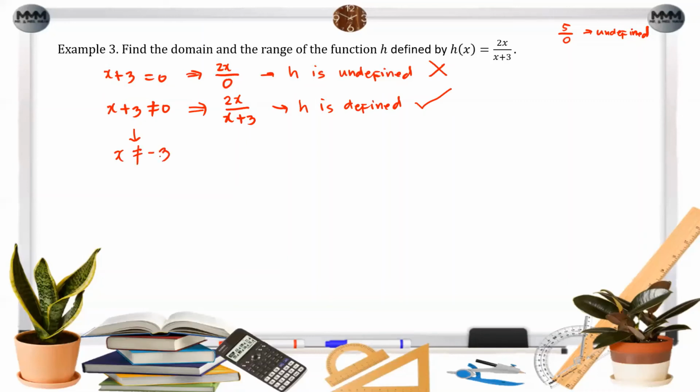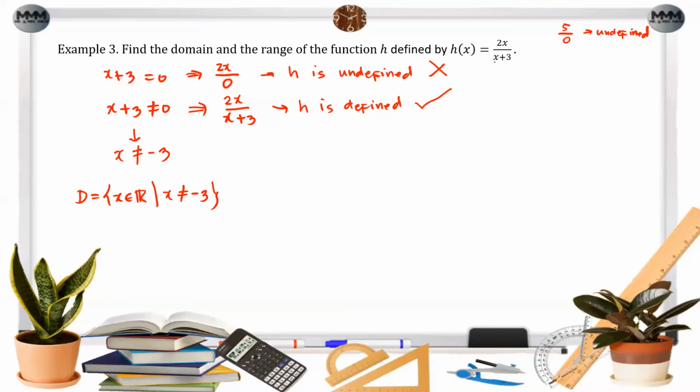This becomes -3. Therefore, when x is not equal to -3, our function h is defined. Hence, the domain is the set of the values of x in R such that x is not equal to -3. Can you follow?